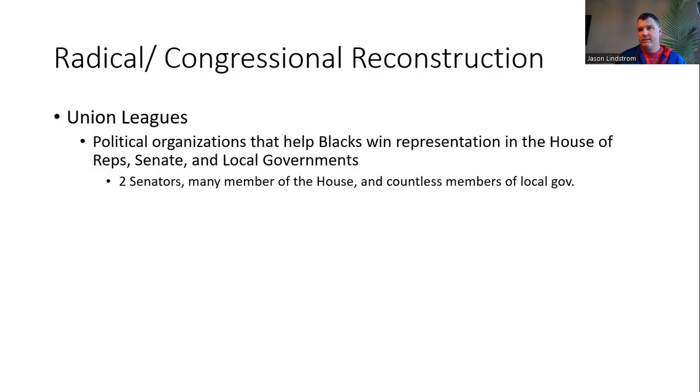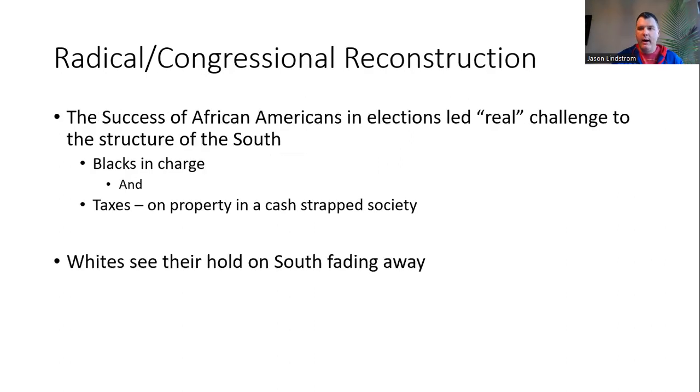Remember, a lot of the Southern states, there's 11 states that leave the Union. Probably of those 11, this is just off the top of my head, don't hold me to it, but I'm going to say 5 of the 11 probably have larger African American populations than white populations. And so you have a larger voting pool if you can organize that voting pool to elect people. And that's what happens in places like Mississippi and Alabama and those types of places.